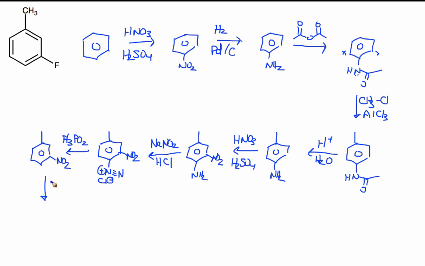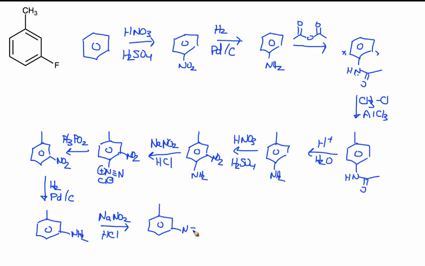So now we reduce the nitro to the NH2, convert that to the diazonium ion, NaNO2 and an acid, and then finally HBF4 is the reagent that you want to use to convert that to the fluoride.